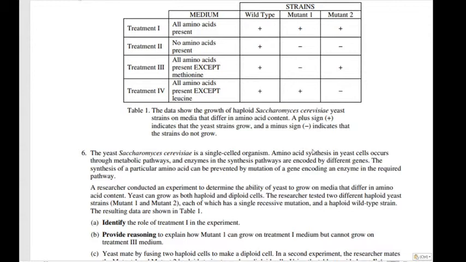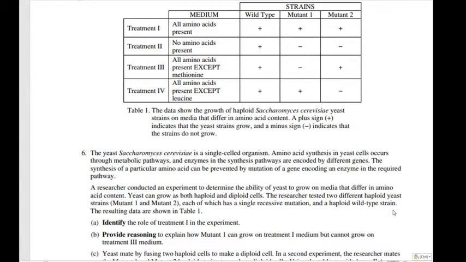In this one, we're looking at amino acid synthesis in yeast cells. And we've got multiple genes. Researcher conducted an experiment to determine the ability of yeast to grow on media that differ in amino acid content. Researcher tested 2 different haploid yeast strains, each of which has a single recessive mutation, and a haploid wild-type strain.